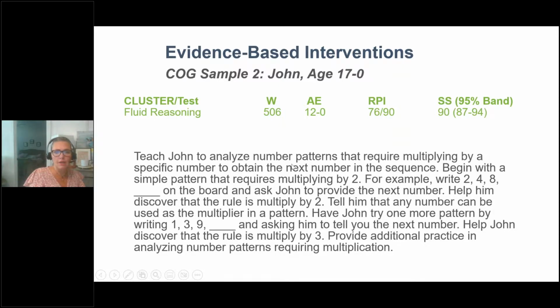Teach John to analyze number patterns that require multiplying by a specific number to obtain the next number in the sequence. And again, it goes through and tells you step by step what needs to happen so that the teacher can pull it directly from the report for easy implementation.